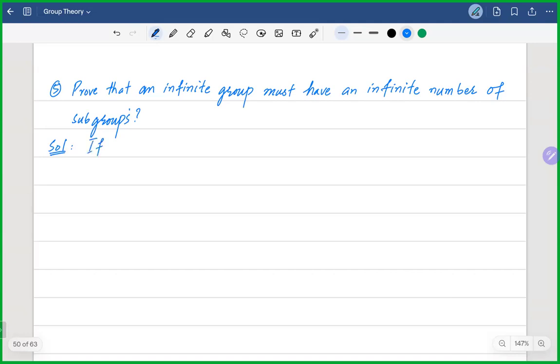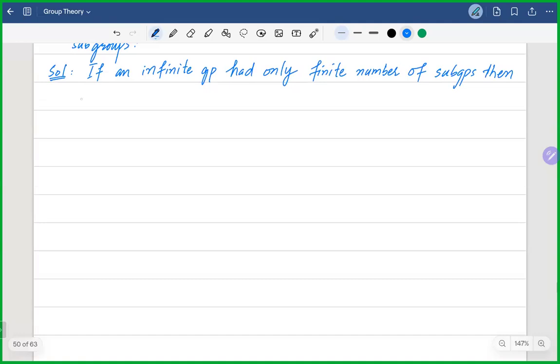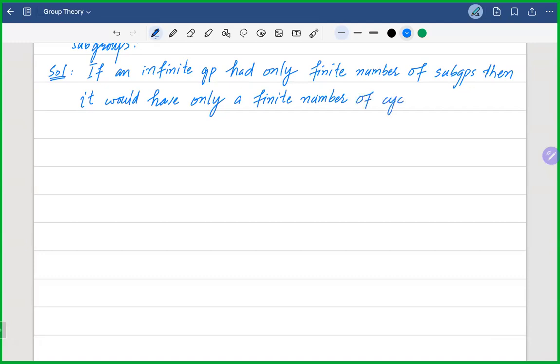So this is all theory. If an infinite group had only a finite number of subgroups, then it would have only a finite number of cyclic subgroups.